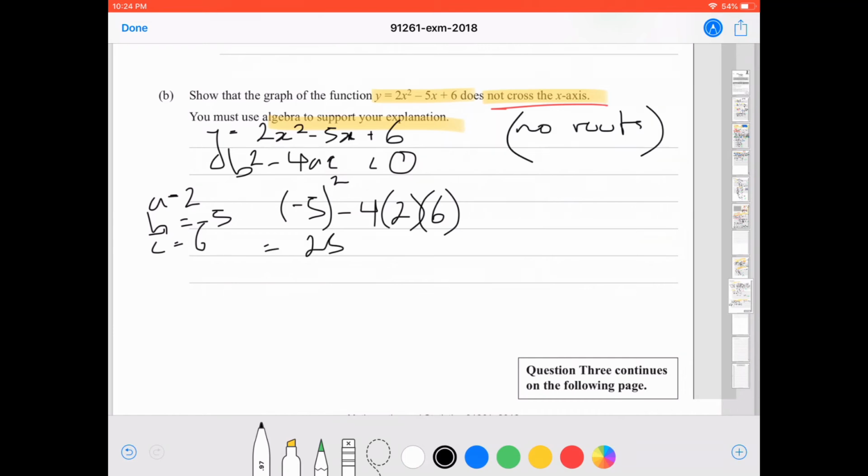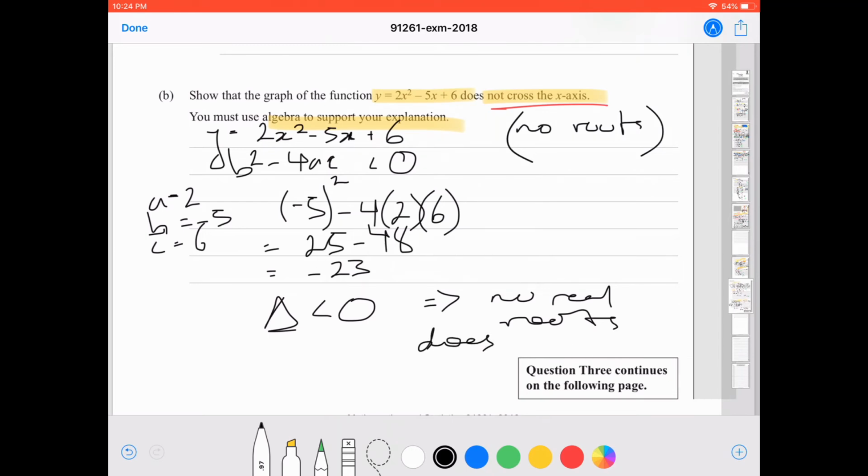Simplifying this, we've got 25 minus 4 times 2 is 8, times 6 is 48. 25 minus 48 equals -23. And so our discriminant is less than 0. Therefore, no real roots, or you could say it does not cross the x-axis. Okay.